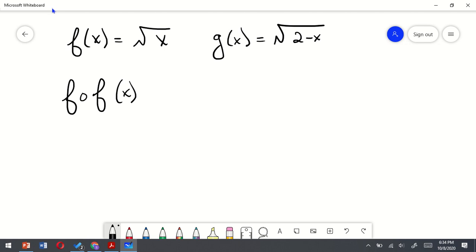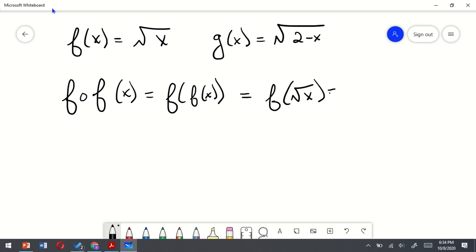That's possible. It means take f of x and plug f of x into it. Okay, so we're going to take f of the square root of x. So wherever x was, make it the square root of x. So that's, well, the square root of the square root of x, or the fourth root of x.